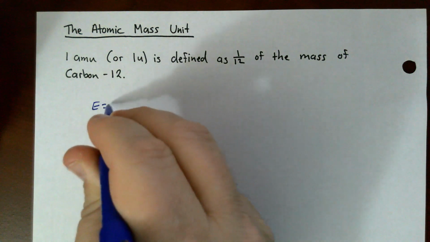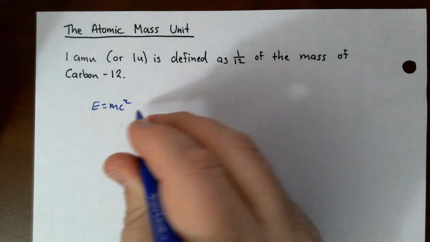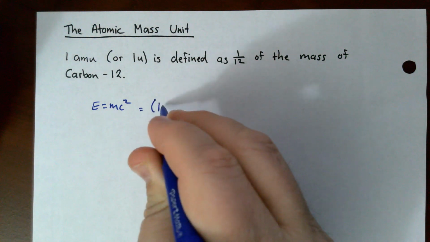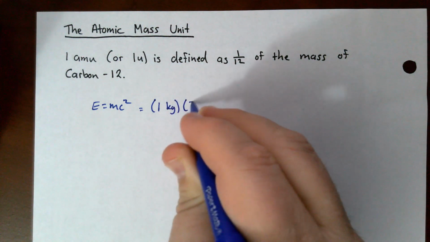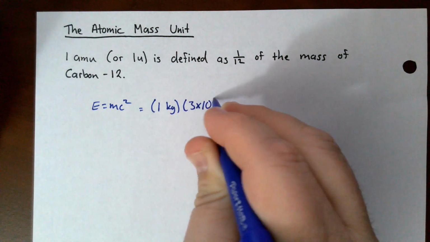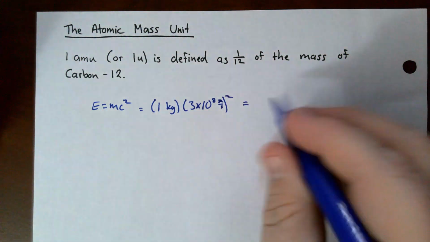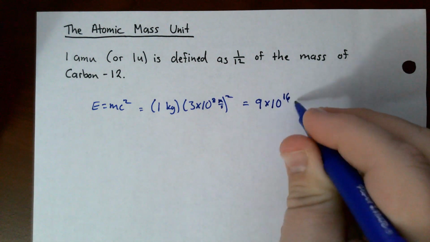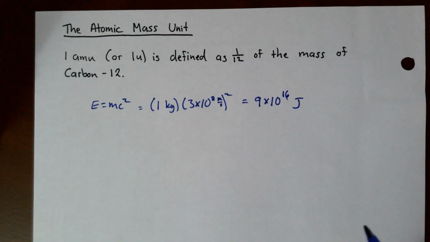So if we apply mass energy equivalence, E equals mc squared, and we use a mass of 1 kilogram, and then of course c squared is 3 times 10 to the 8th meters per second, squared, you would get an energy of 9 times 10 to the 16th joules, which is an astonishing amount of energy. It's the power behind nuclear reactions.